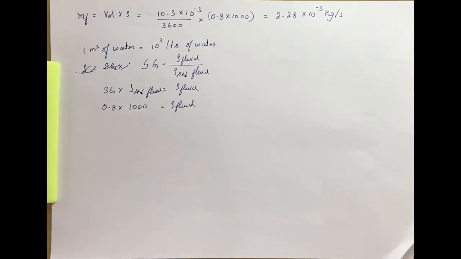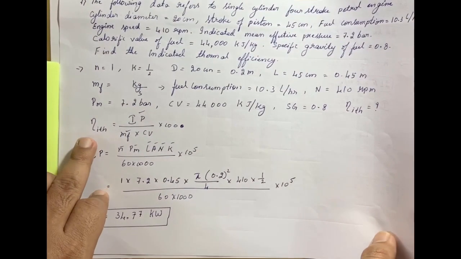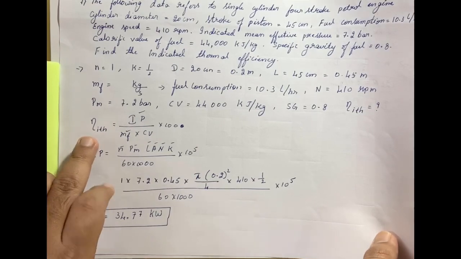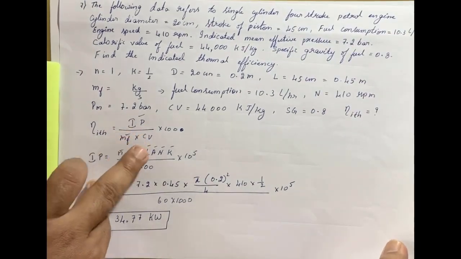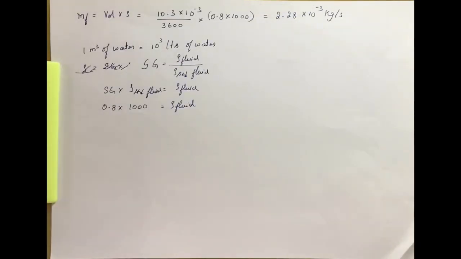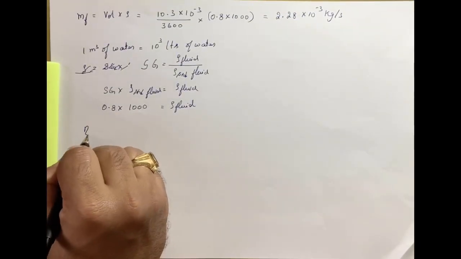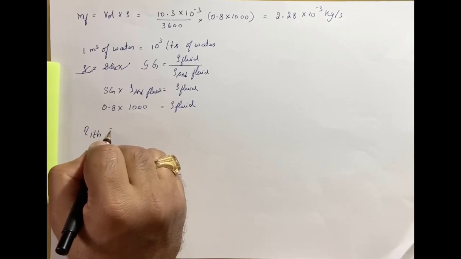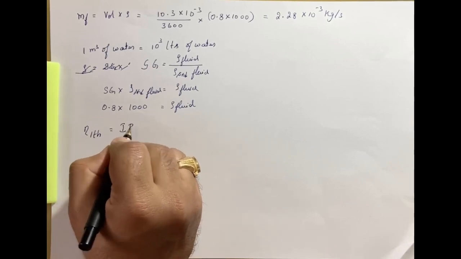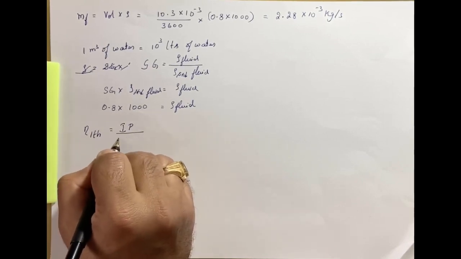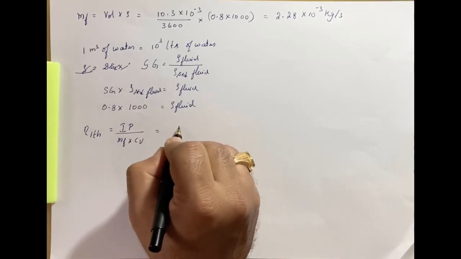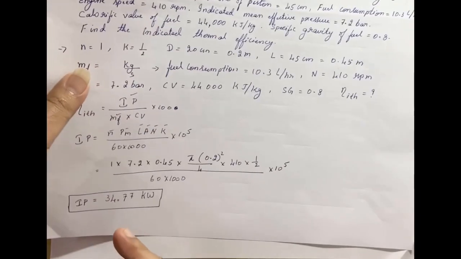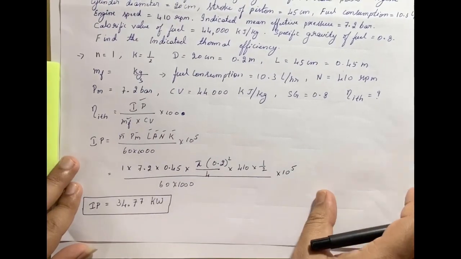Then what he has asked is to find the indicated thermal efficiency. Now substitute directly in this formula. ITH is equal to IP divided by MF into CV. IP we got as 34.77.